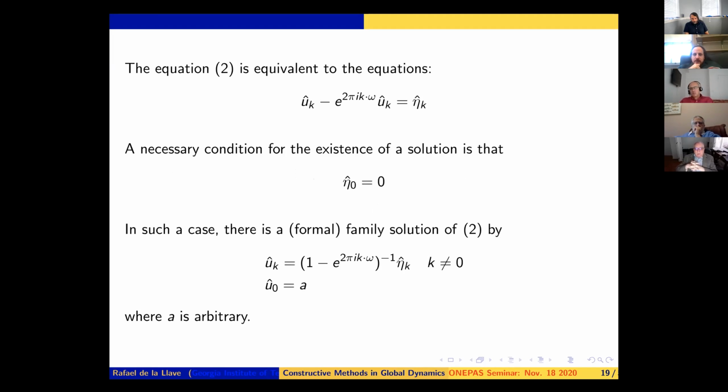So the solvability of these equations has a constraint, and at the formal level you can solve this for u_k, and then u_0 is free.